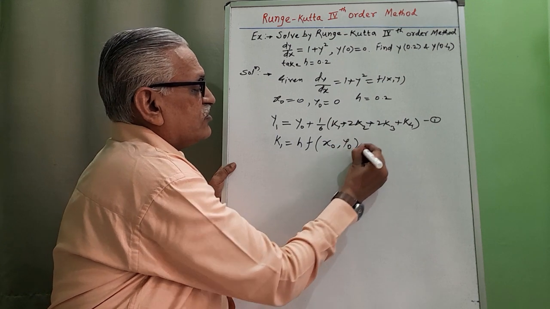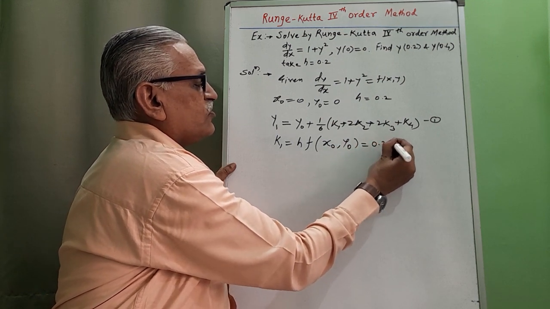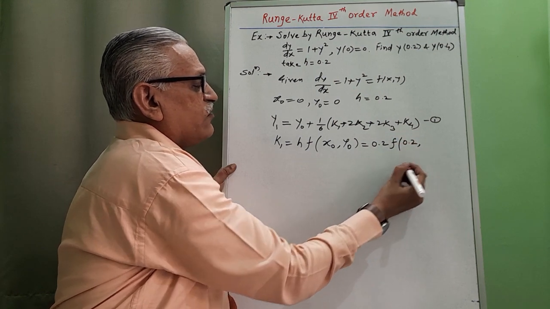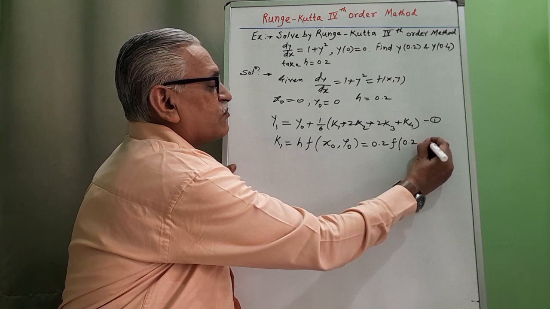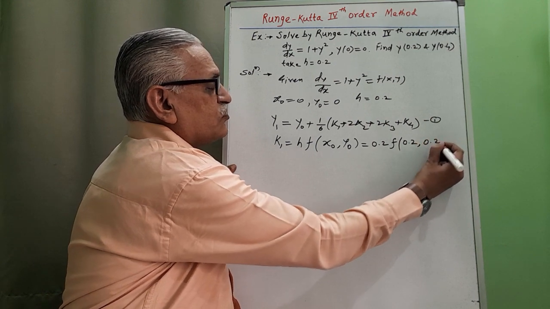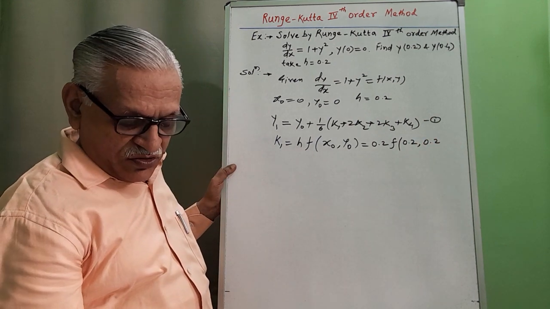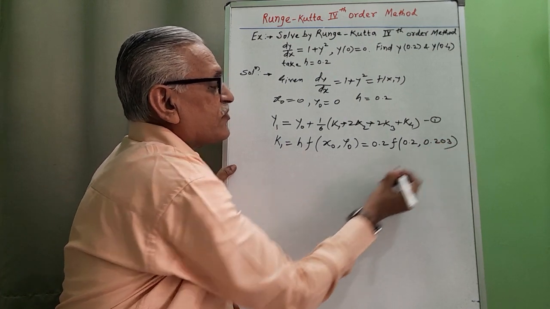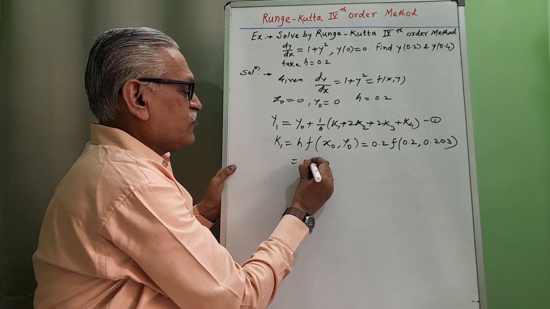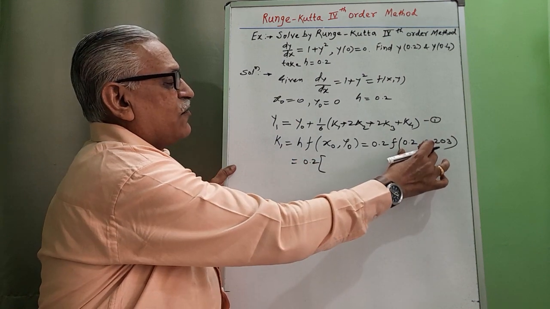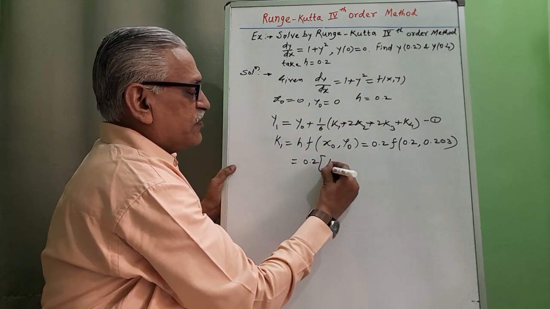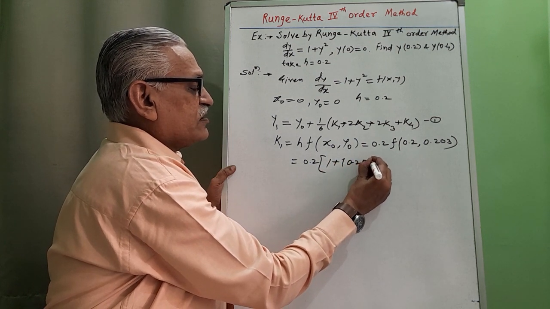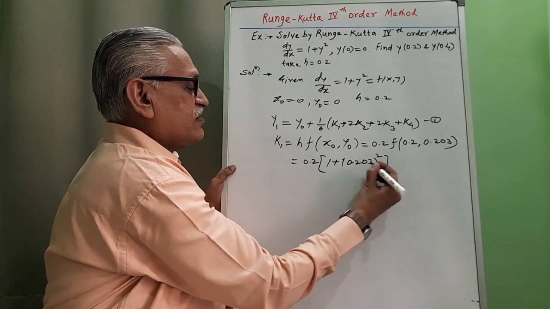H is 0.2, f of x0 is 0.2 and y0 corresponding is 0.203, and therefore it is 0.2. F of x y is 1 plus y square, therefore it becomes 1 plus y square. Y is here 0.203 and its square.